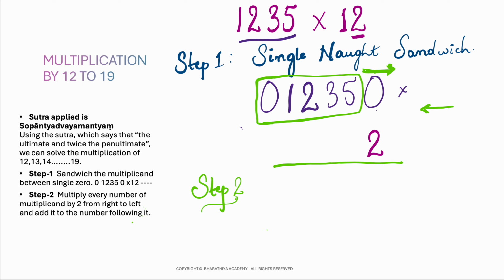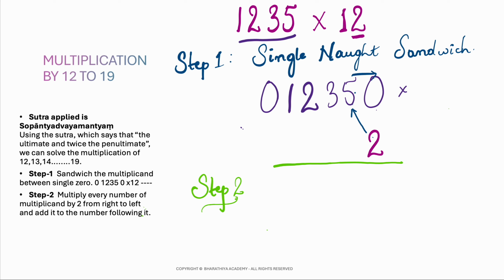Now in step 2, we will have to follow multiple steps to arrive at the answer. I'll just explain once now so that you get an idea of it, and then we will do it in detail. What we will be doing is multiply 5 and 2. First 2 into 5 we will do, then we'll get 10. That 10 we add to the following number, which is on the right side.